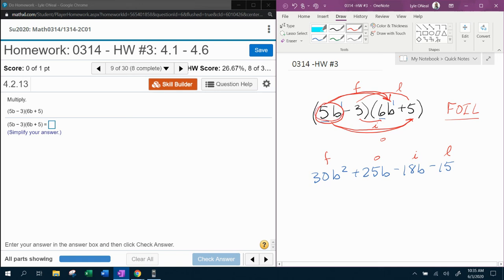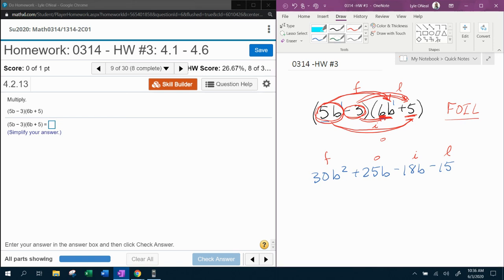In other words, we took the 5b and distributed it to both terms here. And then we took the negative 3 and did the distributive property: negative 3 times 6b and negative 3 times 5. So the FOIL really is just a fancy way of doing the distributive property.